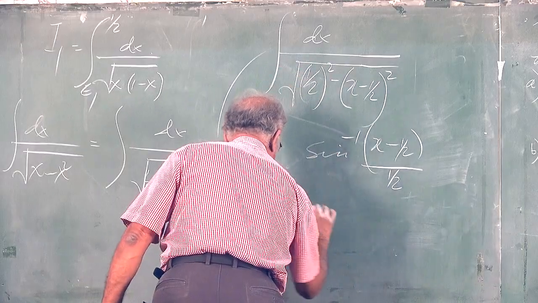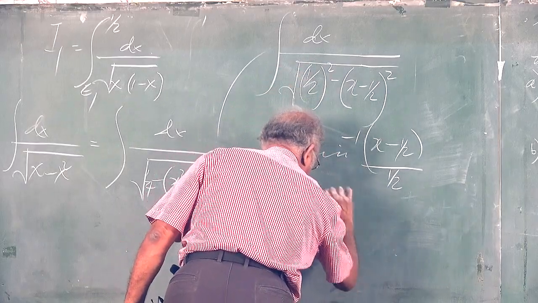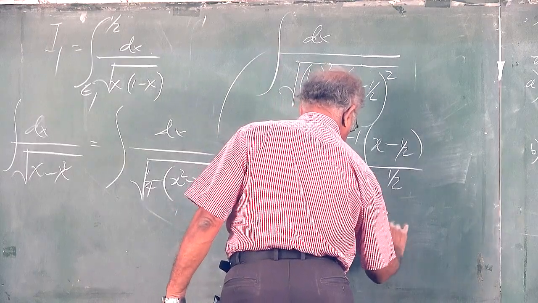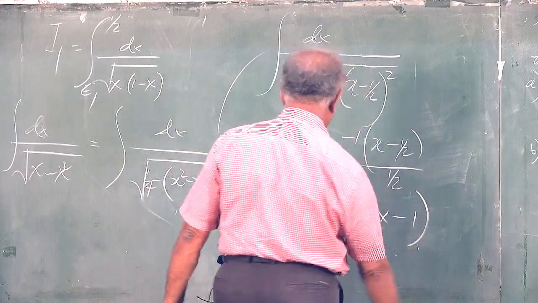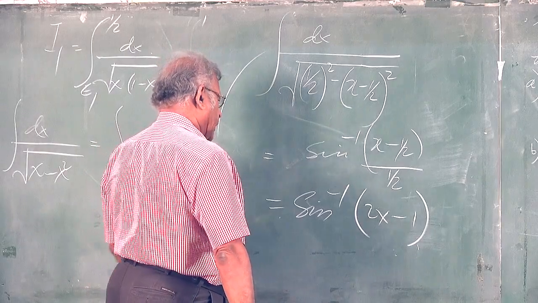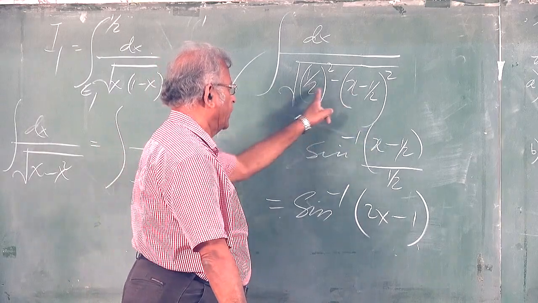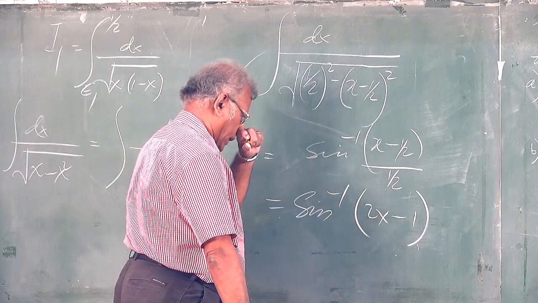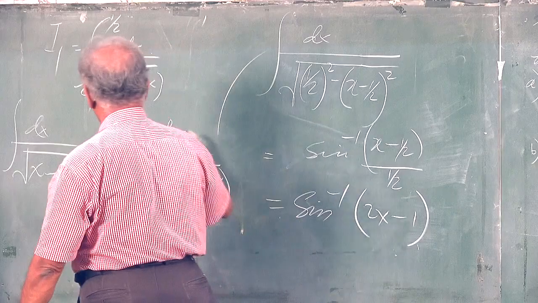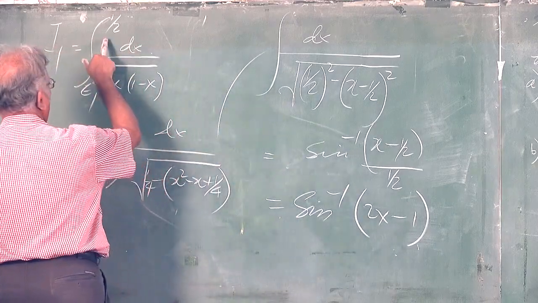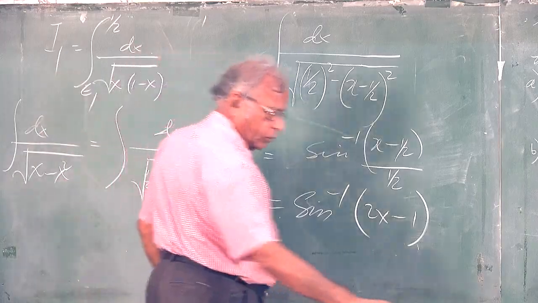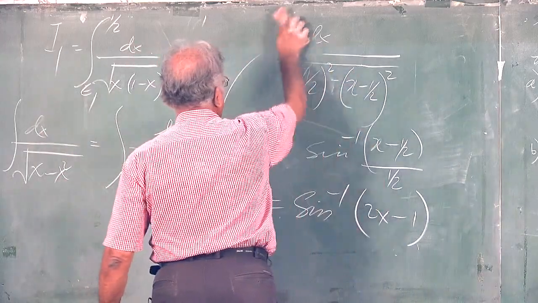In other words, this is sine inverse of 2x minus 1. That is the indefinite integral. Now we'll have to evaluate this between epsilon 1 and half. So that will be the value of I1.